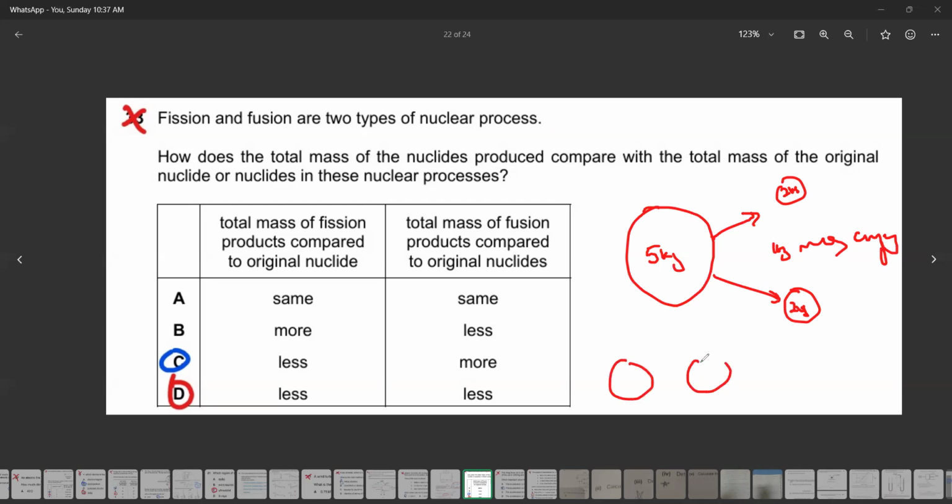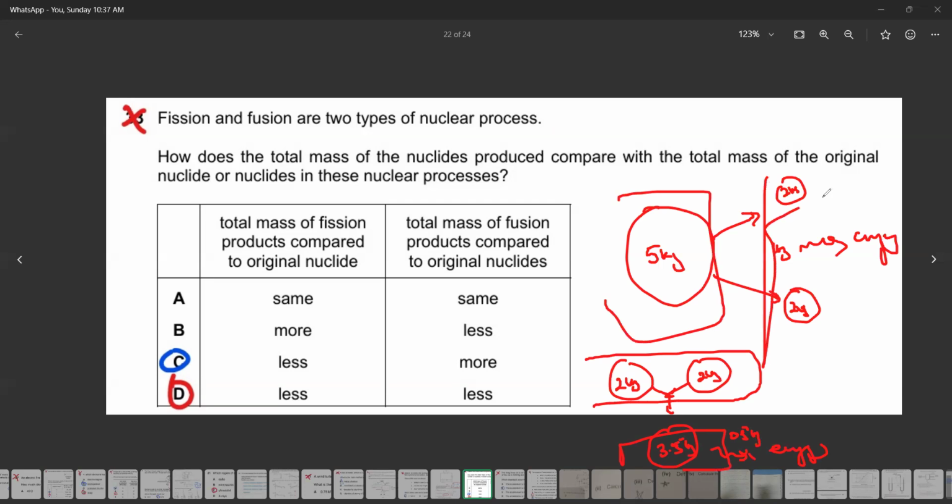Say you have two atoms with a mass of 2 kilogram each. When they fuse together, they produce a heavy nucleus with a mass of 3.5. But what happened to the remaining 0.5 kilogram? It has converted into energy. So when we compare the total mass of the reactant and the product in a fission or a fusion, in both cases the total mass decreases because the remaining mass is converted into energy.